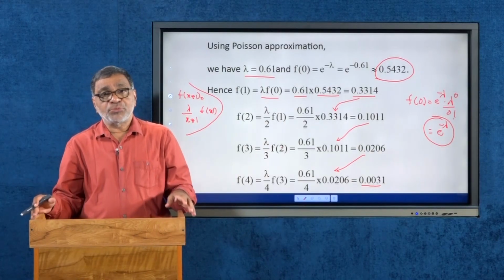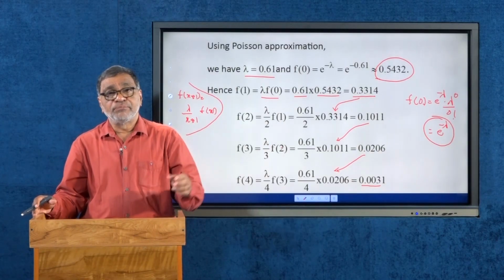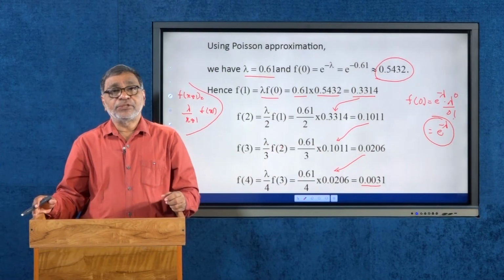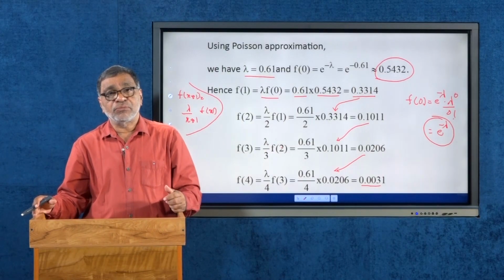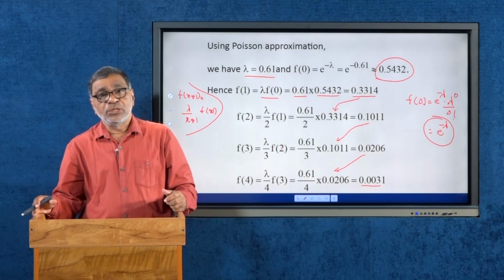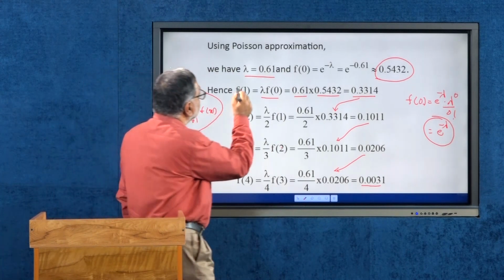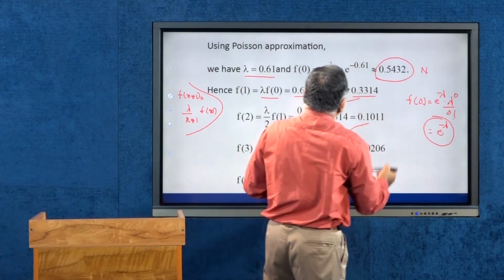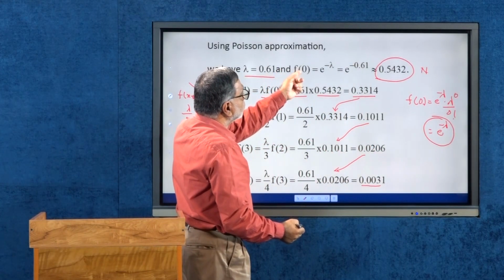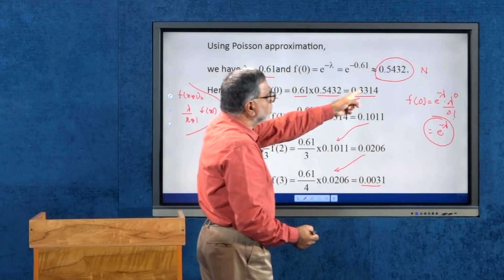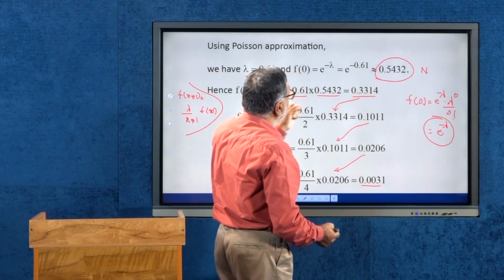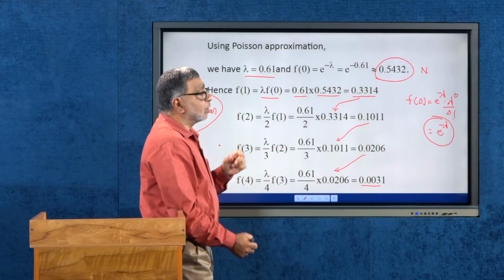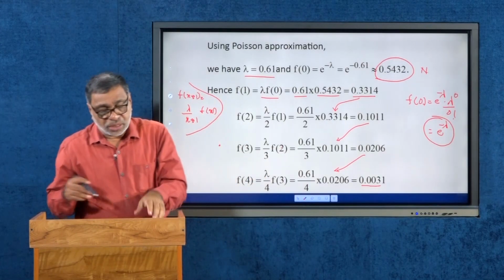How can we find the expected frequencies? You multiply the total number of pages, that is N equal to 200, with the corresponding probabilities. Multiply this value by capital N, that is 200, and you will get the expected frequency corresponding to 0. Multiply N with the next value and you will get the expected frequency corresponding to 1, and so on.